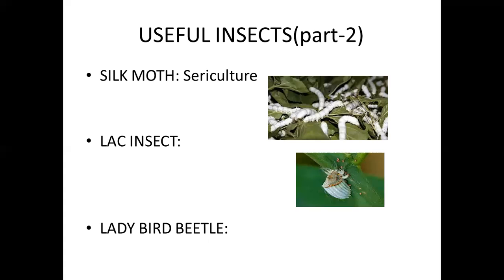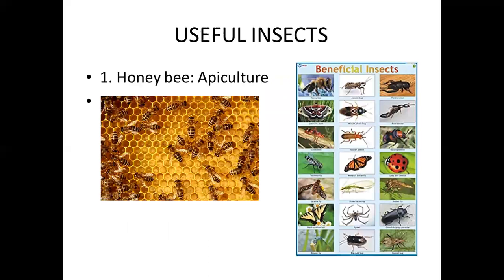Next one is the ladybird beetle. We can see the ladybird beetle in this picture. This red color insect with black spots is called the ladybird beetle, and it eats a large number of pests that are harmful for plants.